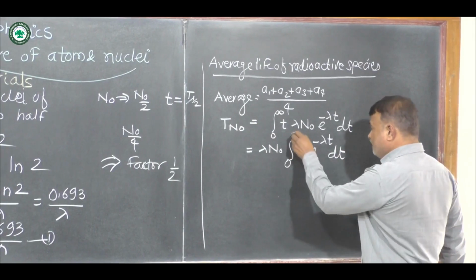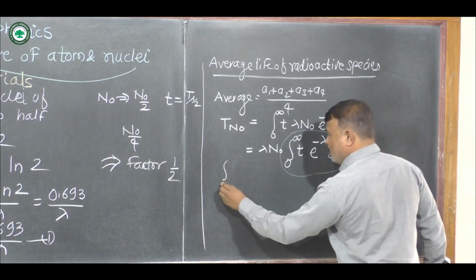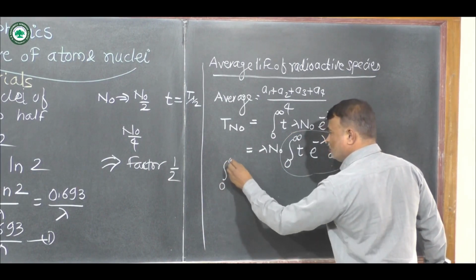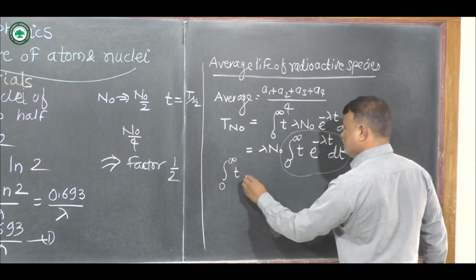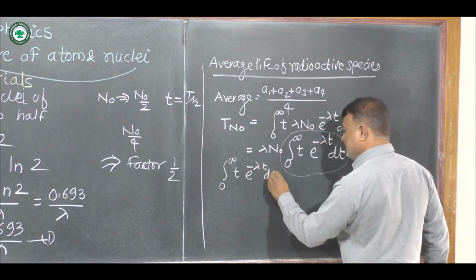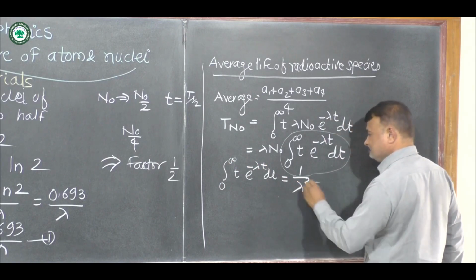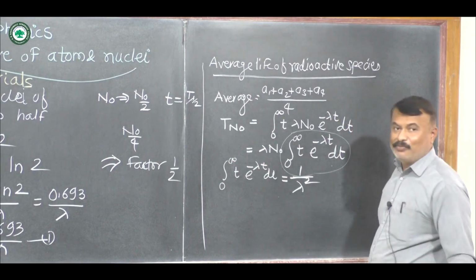Now remember the formula for this: the integration from 0 to infinity of t into e raised to minus lambda t into dt is equal to 1 upon lambda square.